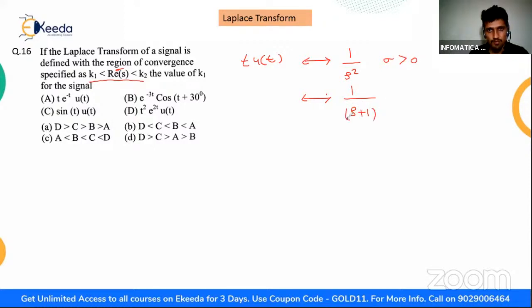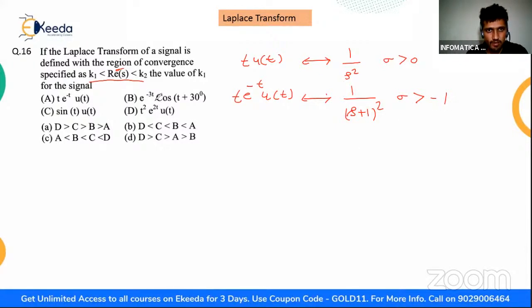Shifting in the s domain, s plus 1 square, results from multiplying by e to the power minus t, so this will be e to the power minus t t u of t. In that case, sigma will be replaced by sigma plus 1. So sigma must be greater than minus 1. ROC changes due to the shifting because this pole location has changed now.